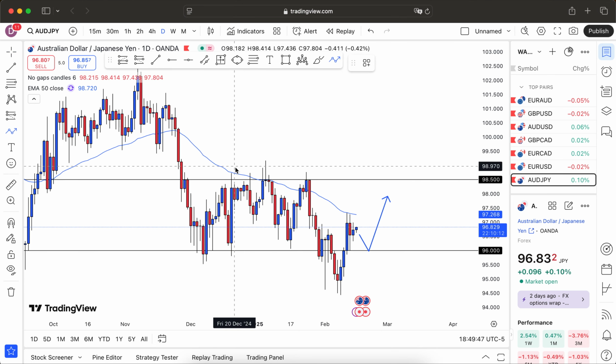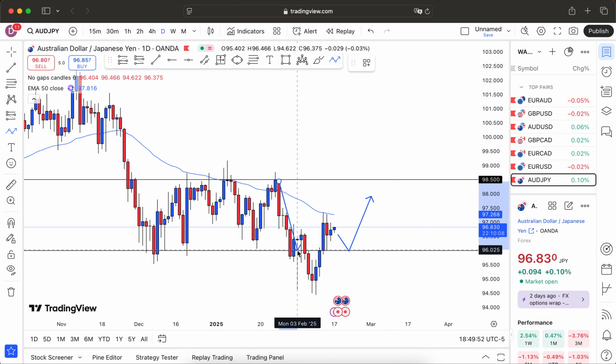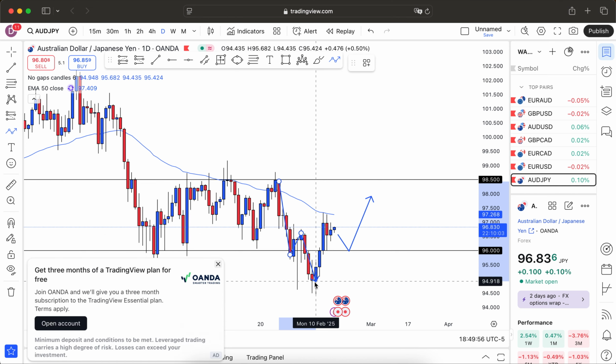And as you guys can see over here, the daily also just shifted structure. It was previously creating lower highs and lower lows, and now it just shifted structure, creating a higher high.